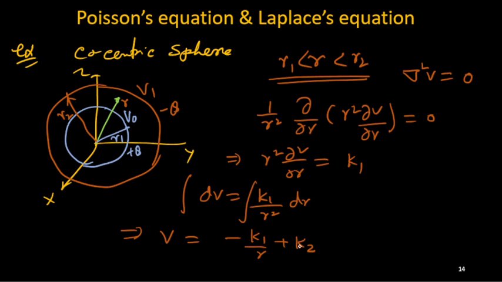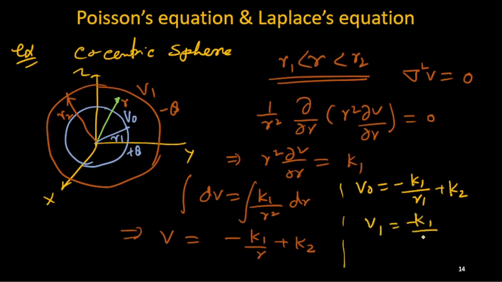Is it okay? Now you can put the boundary conditions here. With r equals r1, potential is V naught. These things you can do by yourself. So I can write V naught equals minus k1 by r1 plus k2, and V1 equals minus k1 by r2 plus k2. So from here you can find the k1 value. Just subtract these two, V0 minus V1.